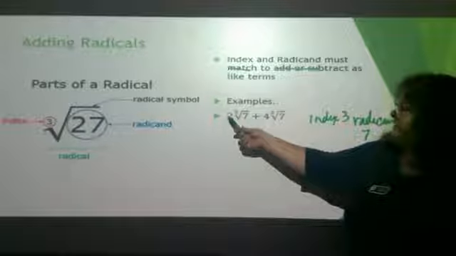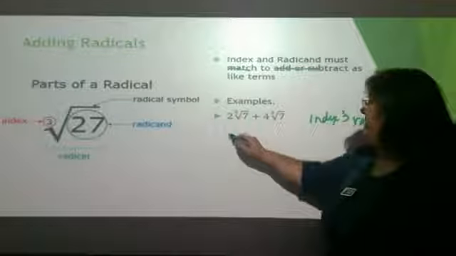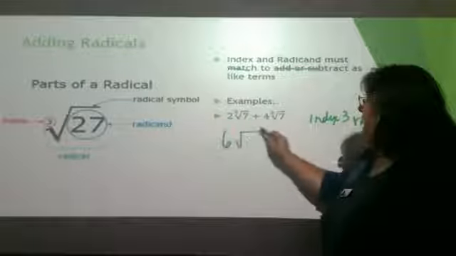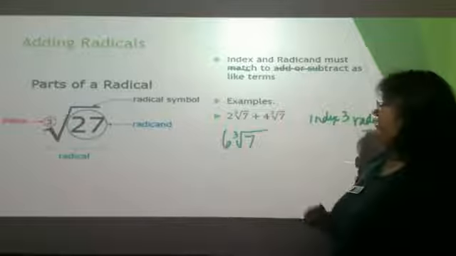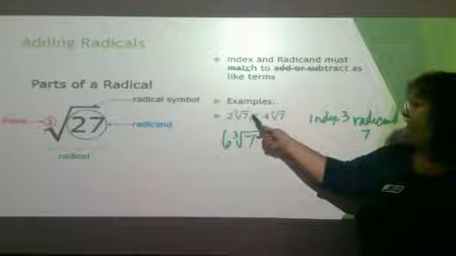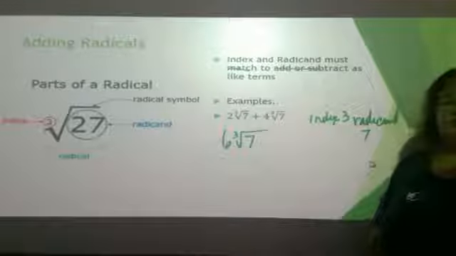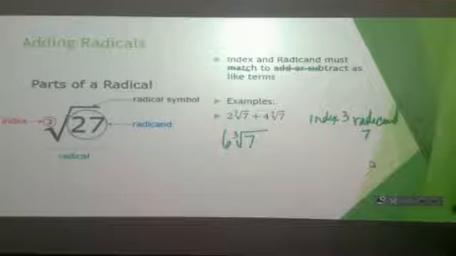So this is like saying I have 2 apples plus 4 apples. Well, you would have 6, and it would still be apples. So that part doesn't change. So once you make sure they're both the same radical, then all you're dealing with is the coefficients using your positive and negative rules that you guys have been using for a long time.